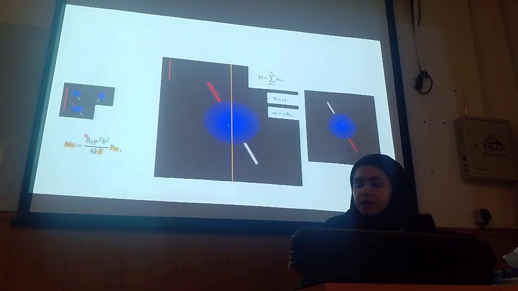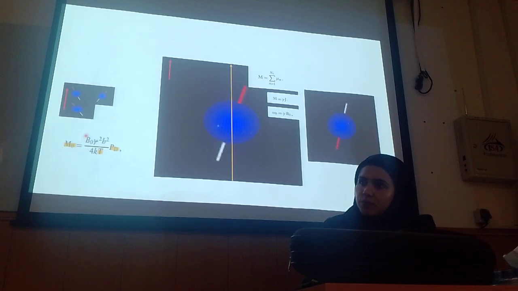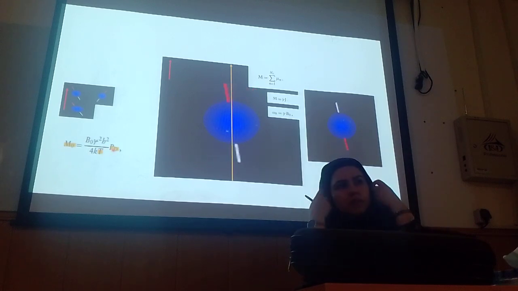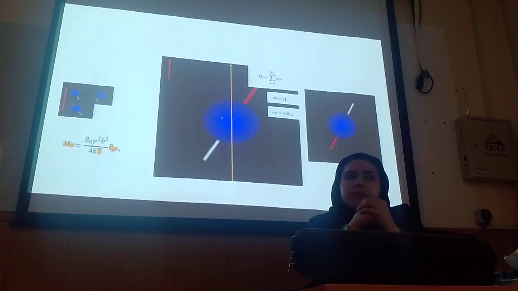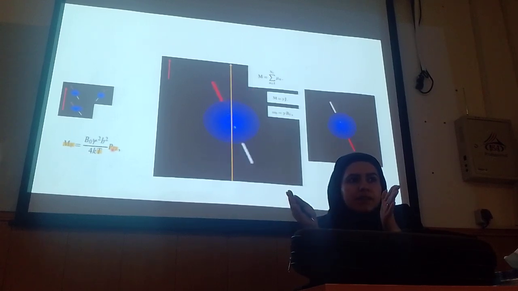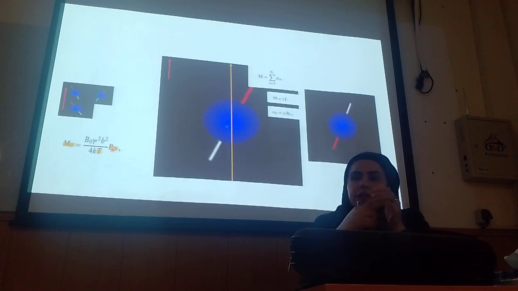Okay. The magnetization is proportional to total proton density. Having different proton density can induce different currents in the loop.